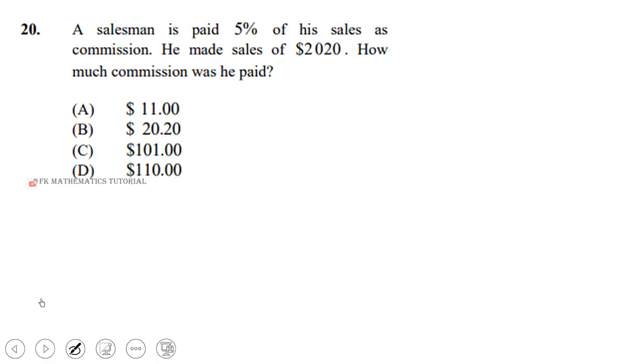A salesman is paid 5% of his sales as commission. He made sales of $2020. How much commission was he paid? So 5% of 2020, that is the commission, and it is in dollars.